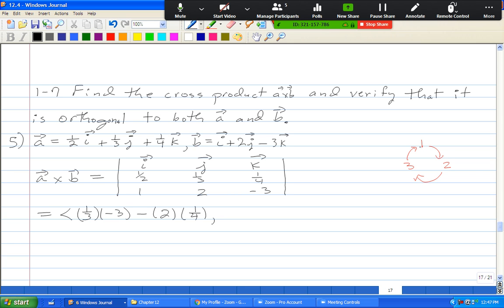And then it goes, that's the second, so it's 3, 1. So 1/4 times 1, minus 1/2 times negative 3. And then lastly I go 1, 2. So 2 times 1/2 minus 1 times 1/3.